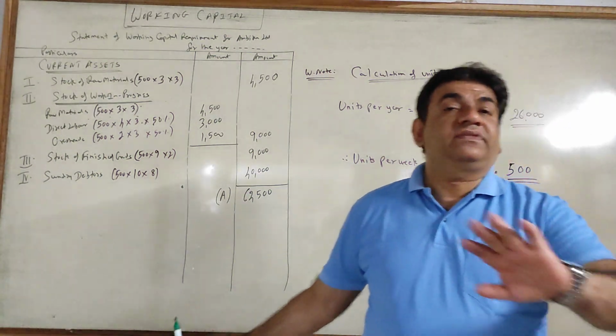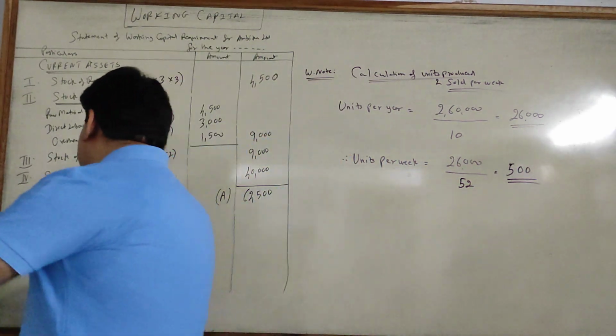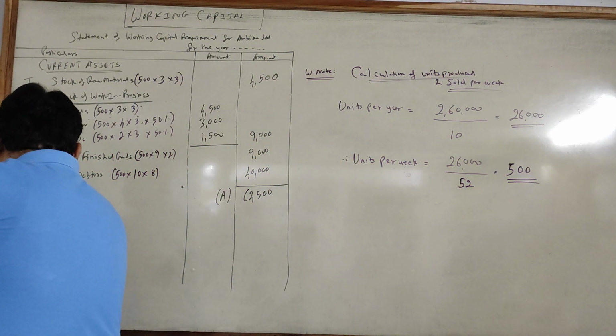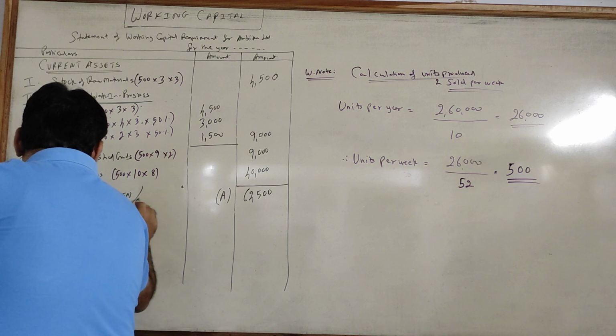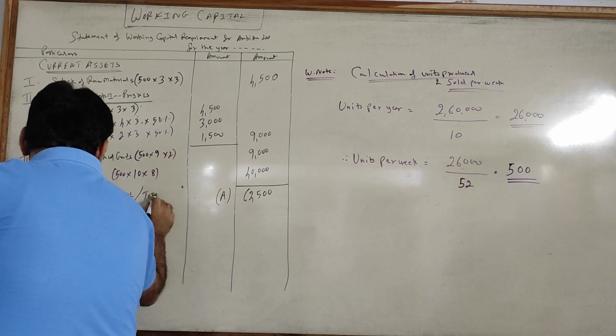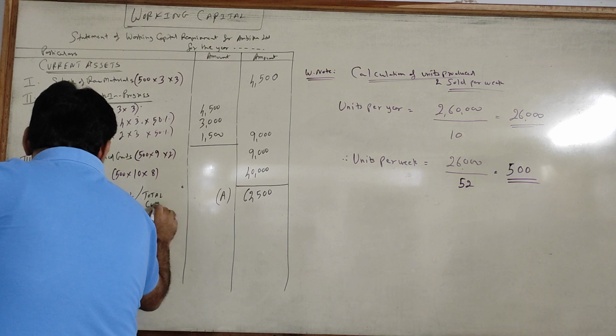This is the first sum. I will write both. So what you will do? Gross working capital slash total current assets.